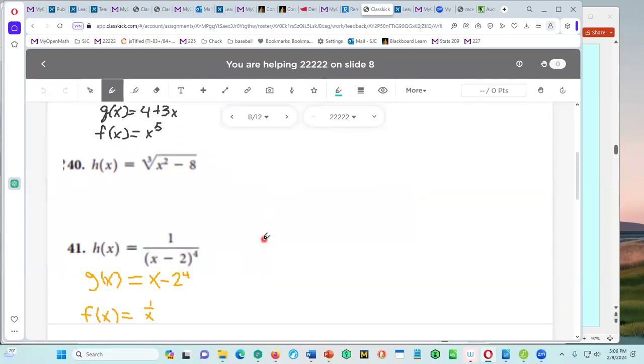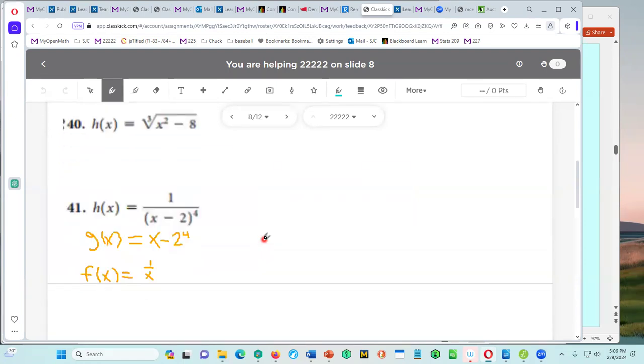Okay, so Hannah, you're very close. Of course, we can always check it. So let's check it. We think we are hoping we have an answer. We can always check it. So in this case, the check would look like, outside function is f, so that's 1 over something.